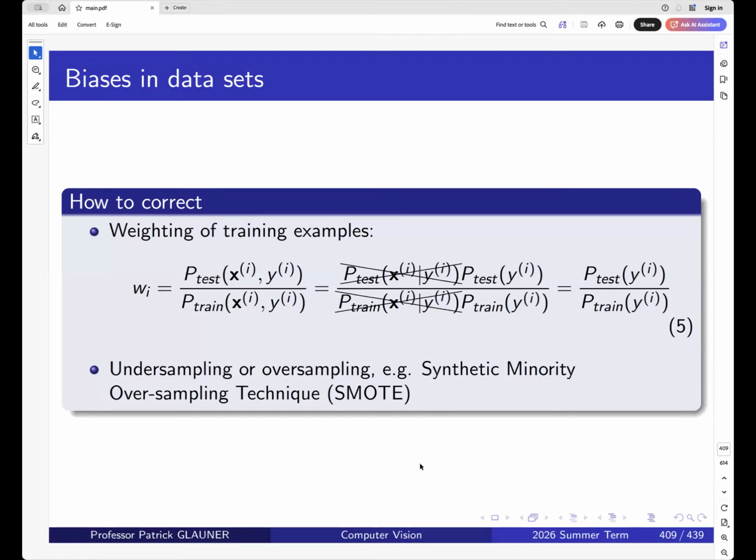There are techniques combining this, like SMOTE, which stands for Synthetic Minority Oversampling Technique. That's something that was quite famous until a while back, and the idea is we would oversample, but we would not just copy examples, but try to find some pattern in the minority class in order to have more authentic examples rather than just copying. And then we would massively oversample, but then we would undersample the whole data set to keep its size manageable.